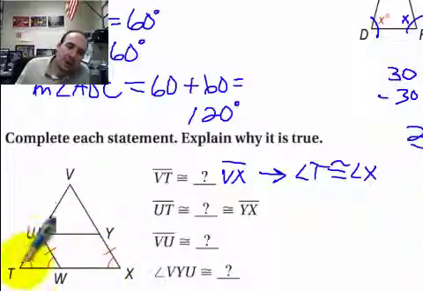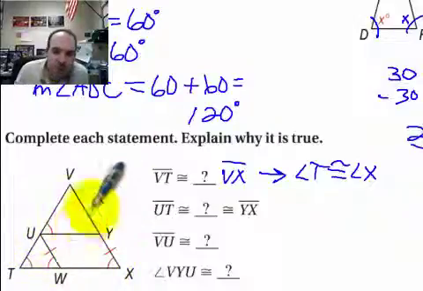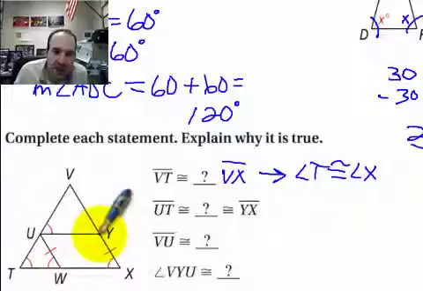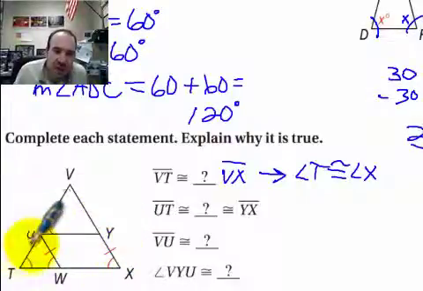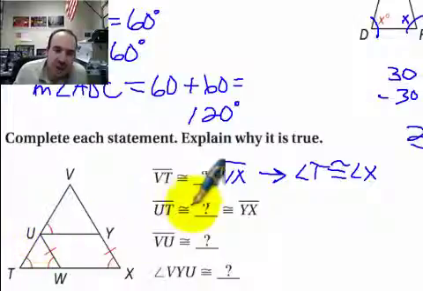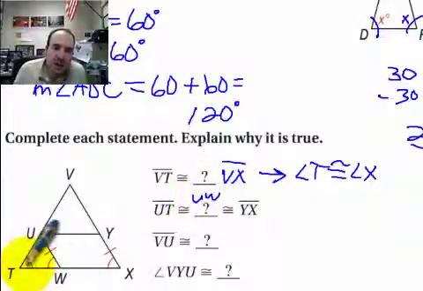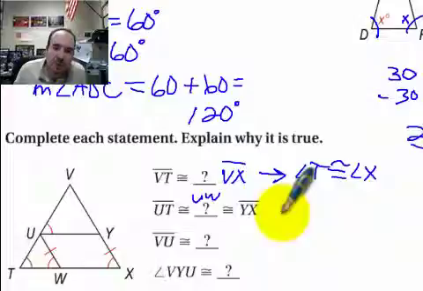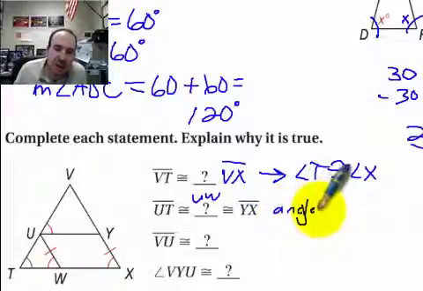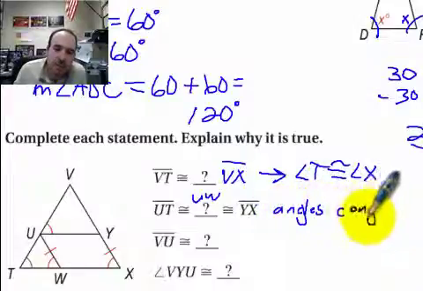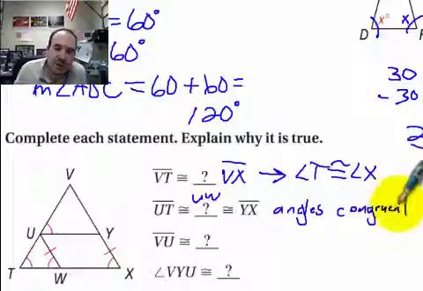Okay, UT is congruent to something which is congruent to YX. Well, UT is congruent to UW because their angles are congruent. I'm just going to write angles congruent this time. I should have even used the congruent symbol.